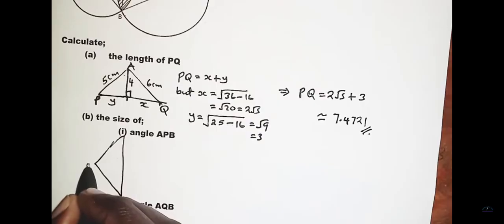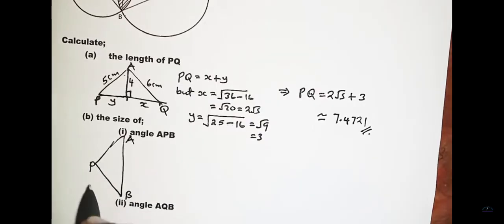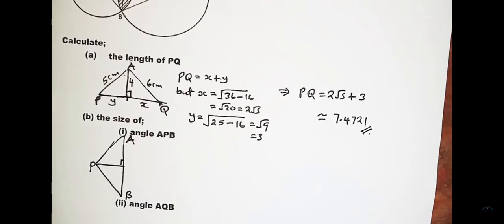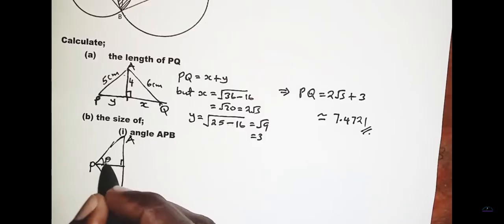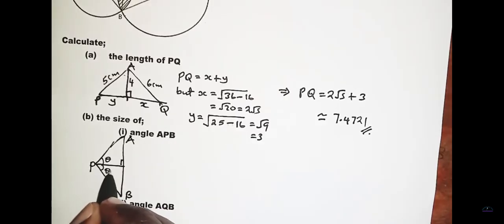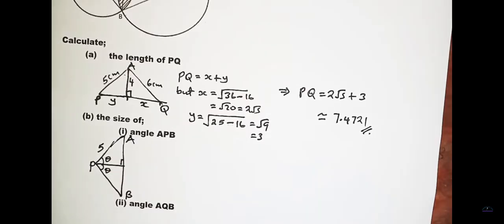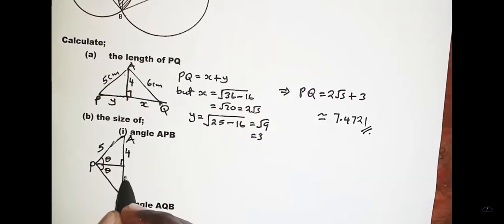So here we have P, here we have A, and then B, and then you have P up to that point, which meets AB at 90. So let this angle be theta, which is also the same as this angle here. So the dimensions were given here 5 centimeters, then this is 4 centimeters. Remember, AB is 8, so here is 4, here is 4.